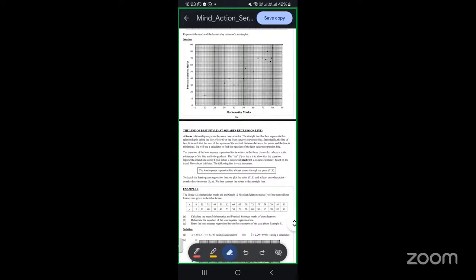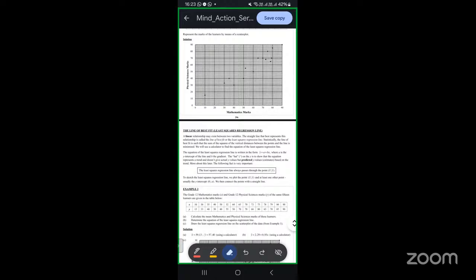Now, they are telling us about that hat on the y. That hat on the y is to show that the equation represents a trend. It doesn't give actual y values, but predicted y values, some estimated values of y based on the trend. More about this later.